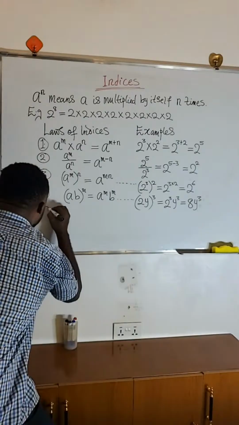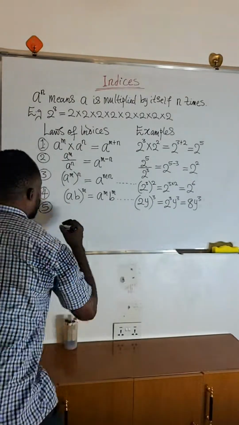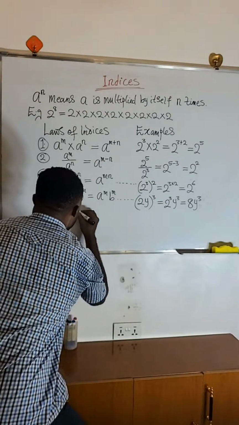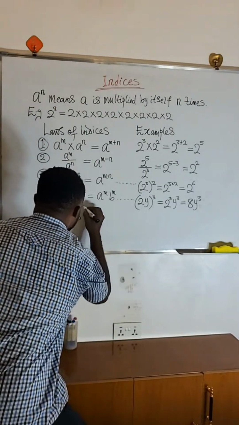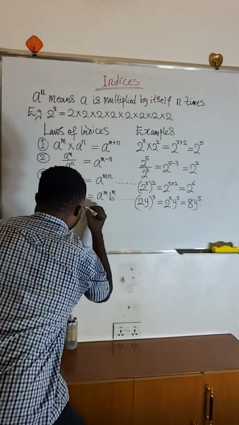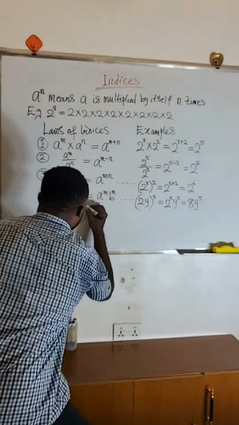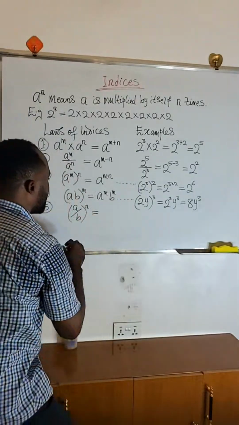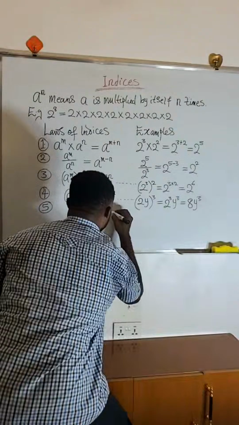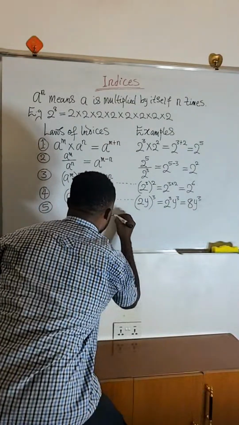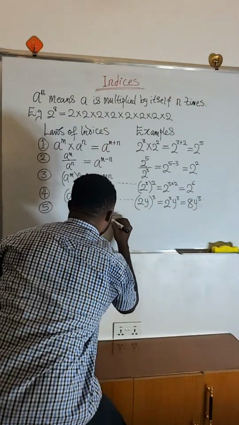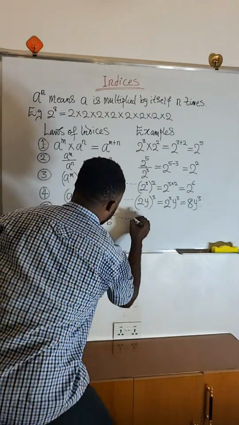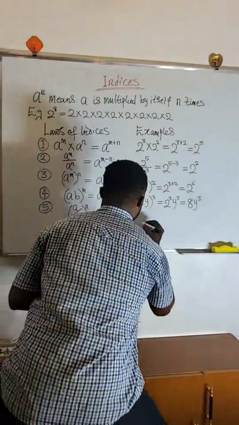Then you can also have something like this. You can also have something like a over b raised to the power of maybe n. And this would be the same thing as a raised to the power of n over b raised to the power of n. So whatever is in the bracket is affected by the power.